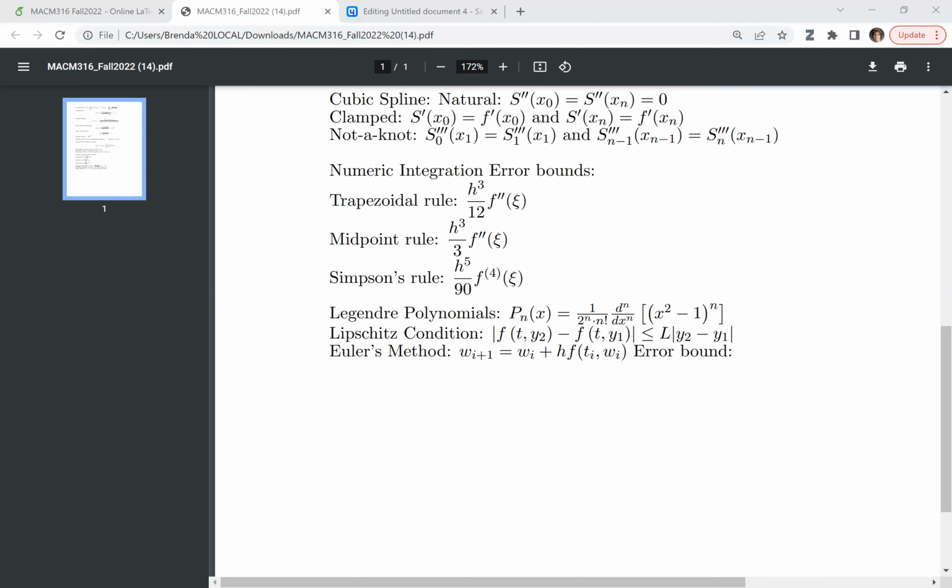I'm going to do this integral from -1 to 1, for f of x equal to y, and I'm going to make it exact. I'm going to do that for as many choices as I have: 1, 2, 3, 4.